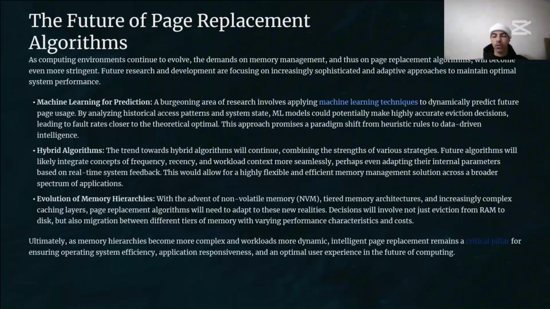Decisions will involve not just eviction from RAM to disk, but also migration between different tiers of memory with varying performance characteristics and costs. Ultimately, as memory hierarchies become more complex and workloads more dynamic, intelligent page replacement remains a critical pillar for ensuring operating system efficiency, application responsiveness, and an optimal user experience in the future of computing.